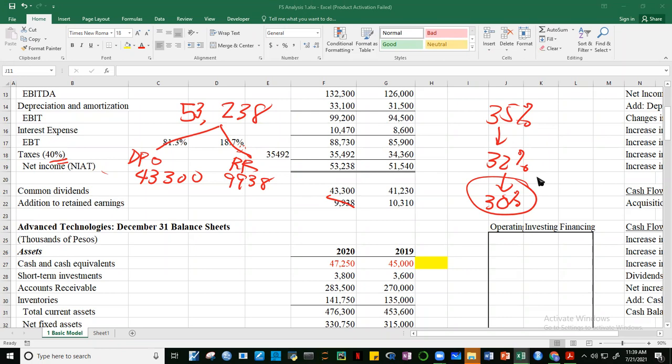Thank you. Sorry Eliza, question, about the 35, 32, 30. The corporate tax in the Philippines used to be 35%, then they lowered it, I think to 32%, and now currently I think it's 30%. They lower it because the tax rate in the Philippines is one of the biggest in Asia. So in order to spur more business activities, the national economic leaders lowered the corporate income tax.